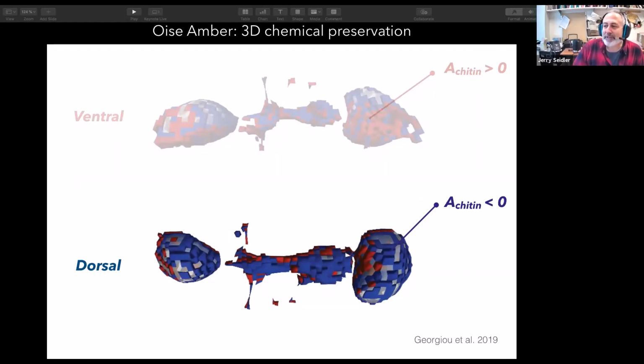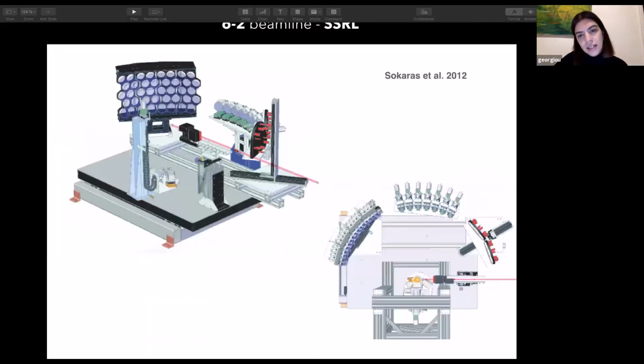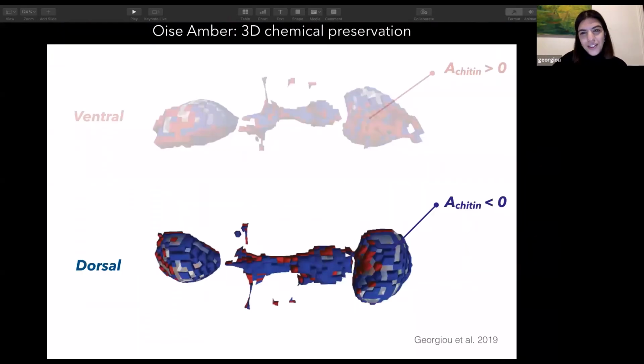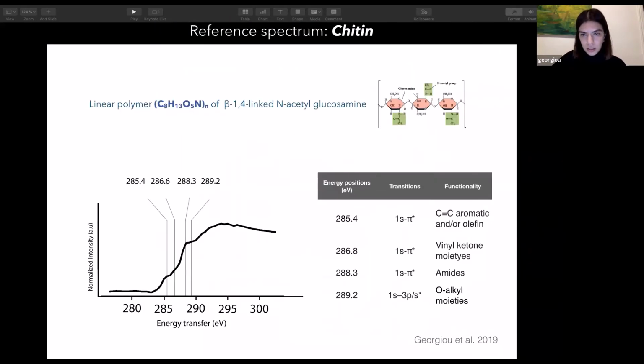What do you think is the final spatial resolution that you were able to obtain with this method, including the decomposition onto the chitin and other spectroscopic contributions? Okay, so this is mainly restricted to the pixels of the two-dimensional detector. So this is around 50 micrometers.